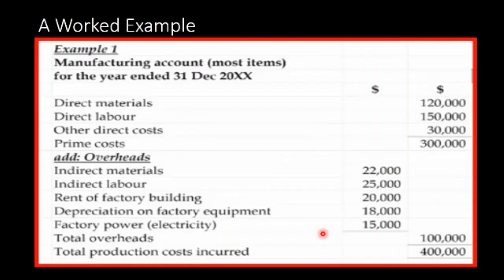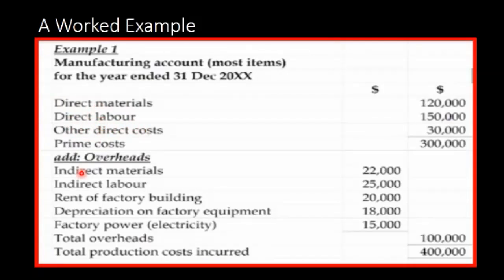A more expanded version of the manufacturing account. 2 sections this time. One for the overheads and one for the prime costs. The prime cost is made up of what they call direct costs. You see the word direct here.